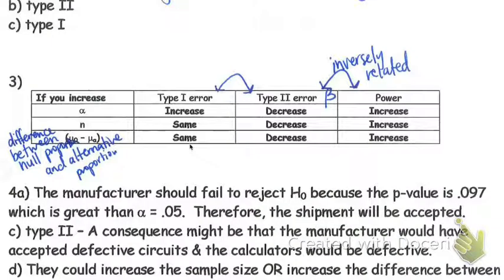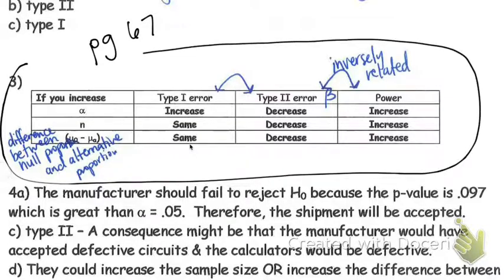Okay, so this is at the bottom of page 67. Here's the chart that I want you to fill in, and I would say memorize this chart. These are the three things that you could do: you could increase your alpha, you could increase your sample size, and you could increase the discrepancy between your null and your alternative.